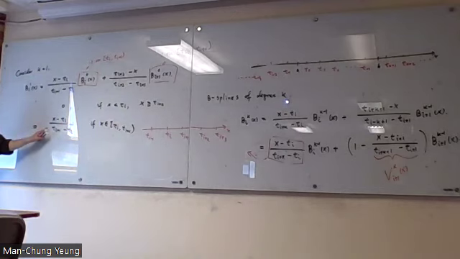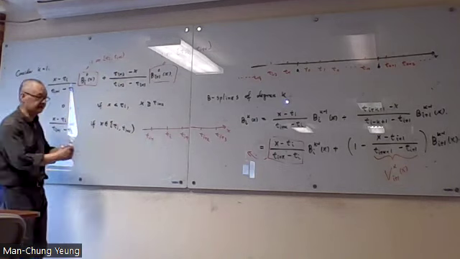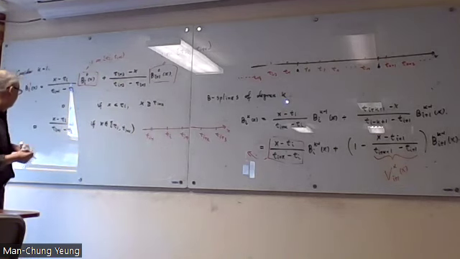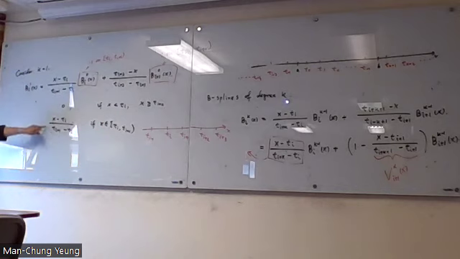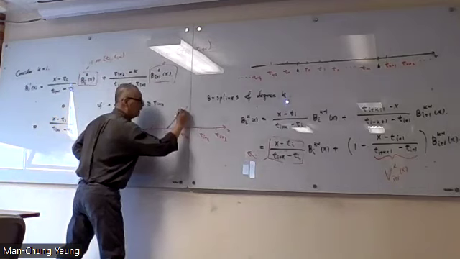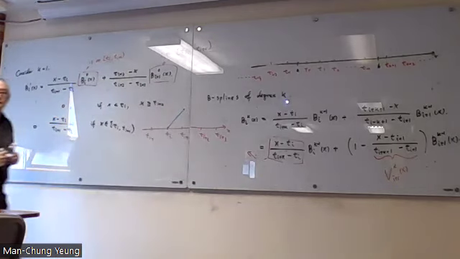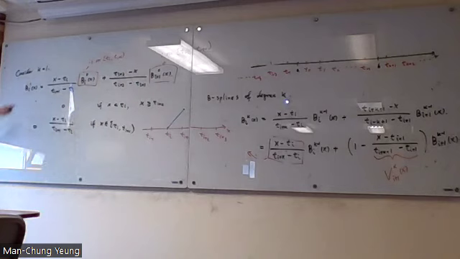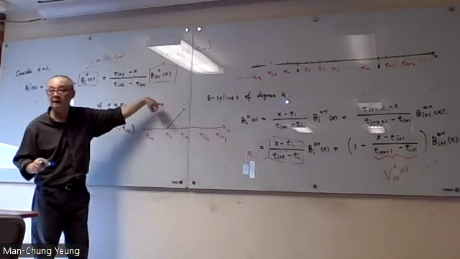The graph of this function: when x is t_i, the function value is 0. When x is t_{i+1}, the function value is 1. The 1 here is the degree. A spline function is a piecewise polynomial, here of degree 1, a line.